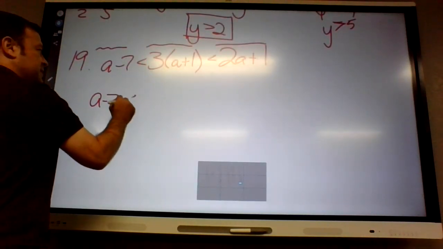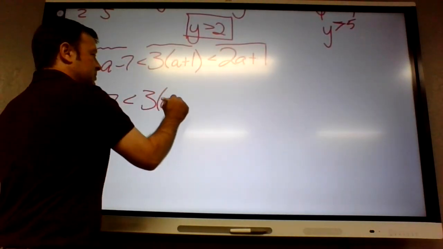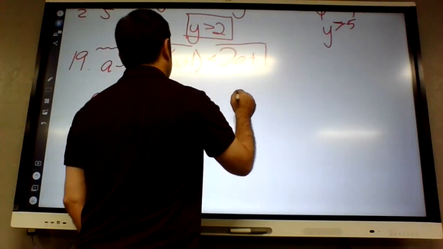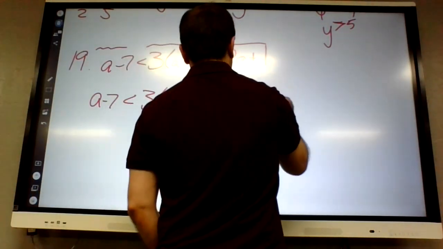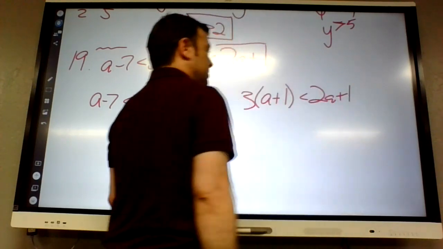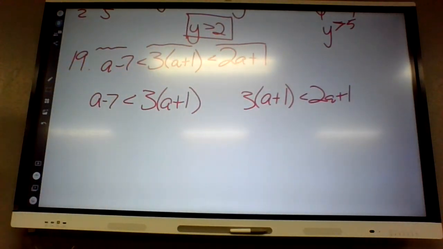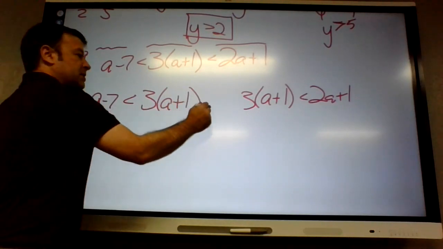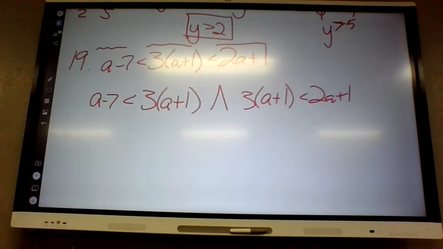So we're gonna have to separate it into 2 separate ones and work it like that. So I broke it up into 2. This is connected with an and. And I'm just going to solve them separately.